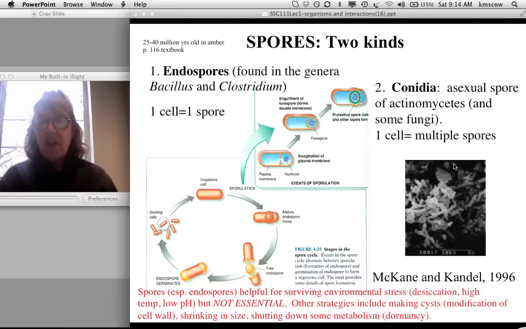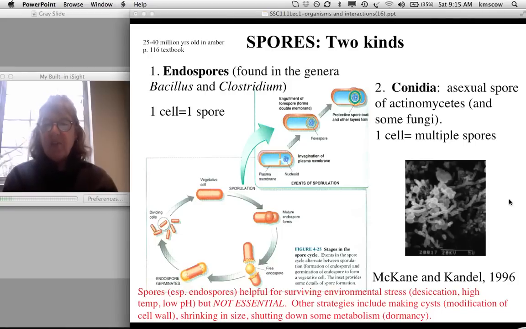And conidia aren't as good as endospores for survival of extreme situations, but they also help quite a bit if you're in a vegetative state as an actinomycete and you decide, I better check out and make a lot of children, copies of myself to endure this phase that's coming up. And then when times are good, these spores can germinate and create new individuals.